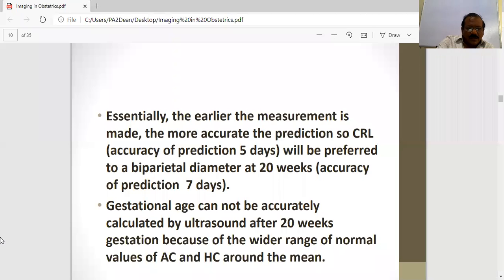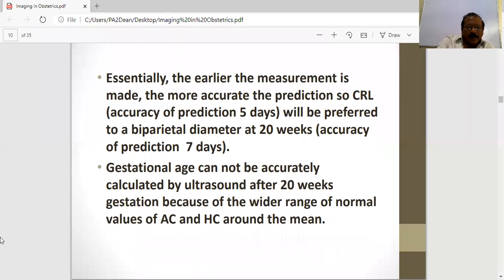Gestational age cannot be accurately calculated by ultrasound after 20 weeks, so the earliest assessment of gestational age is the gold standard. After 20 weeks there is a wider range of normal values for HC and AC, abdominal circumference, around the mean. So assessment of gestational age before 20 weeks has better accuracy than after 20 weeks.